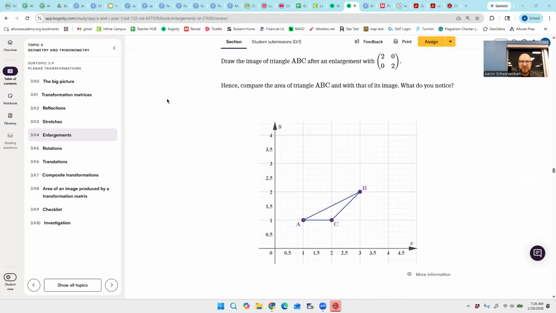So doing this triangle, and then it's going to ask us something about the area. Again, we're doubling the size.